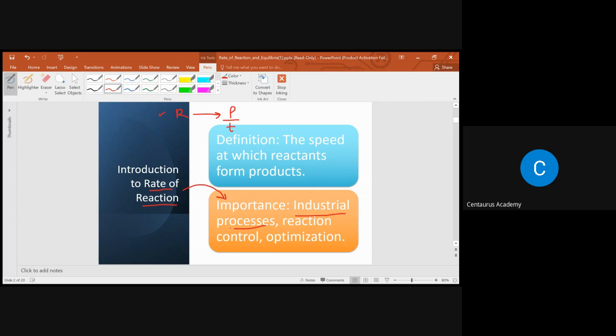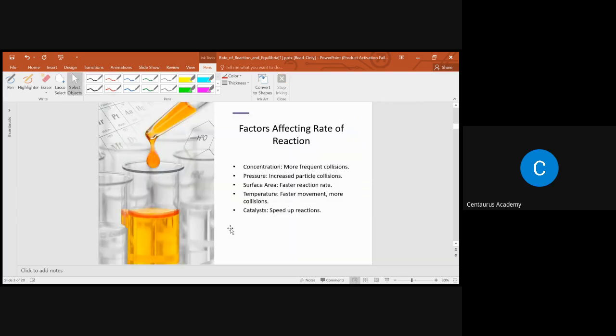The controlling of the reaction and optimization of different reactions. Okay. When we look into the different factors which affect the rate of reaction, we see concentration, pressure, surface area, temperature, and catalyst. Primarily five major factors affect the rate of reaction.